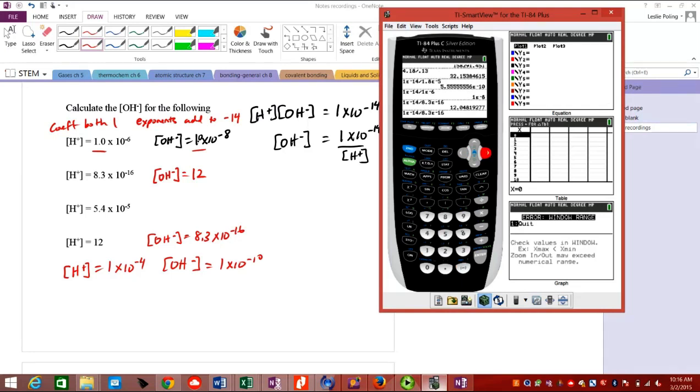And pay attention to what you're doing. Okay. 1 times 10 to the minus 14 divided by 5.4 times 10 to the minus 5. All right. 1.9 times 10 to the minus 10.